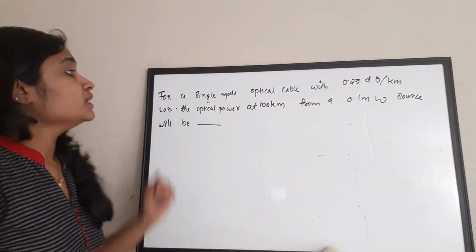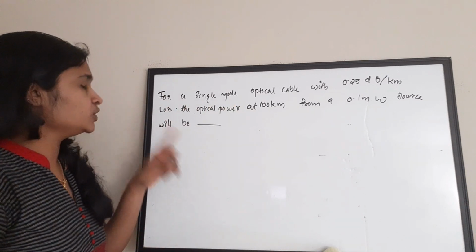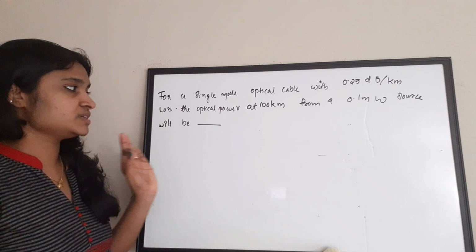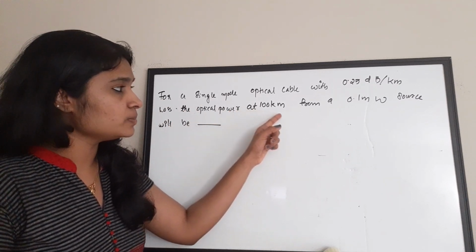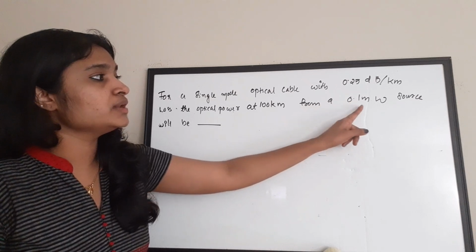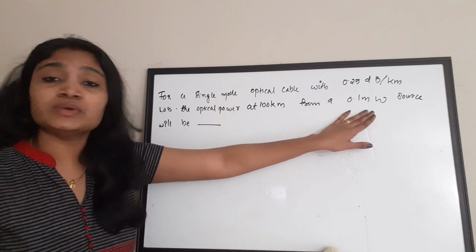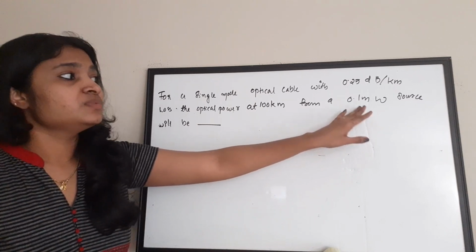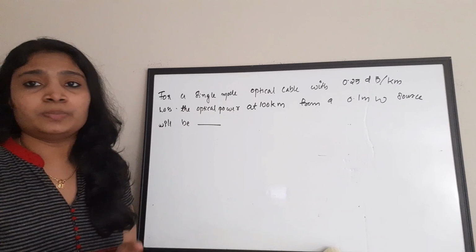Question is this. For a single mode optical cable with a 0.25 dB per kilometer loss, this is the loss of the optical fiber, the optical power at 100 km from a 0.1 milliwatt source will be dash. The value given is the input power, which is given in watt. You need to find the output power.